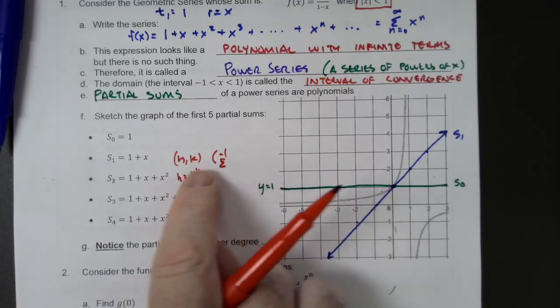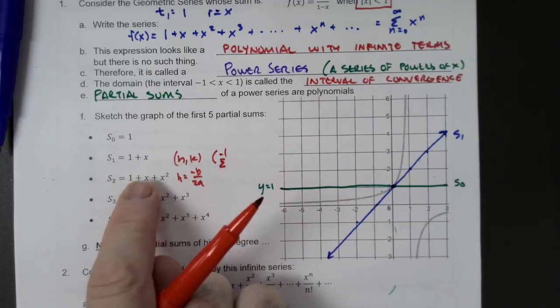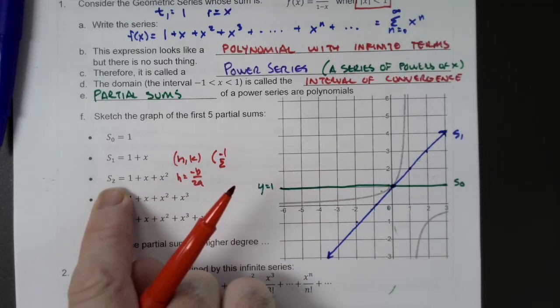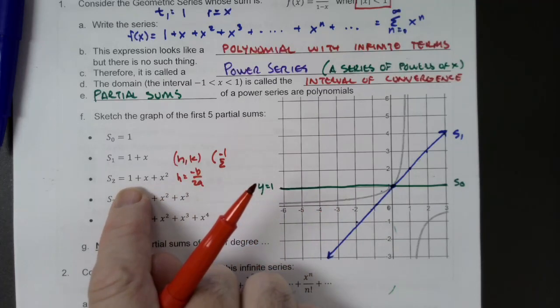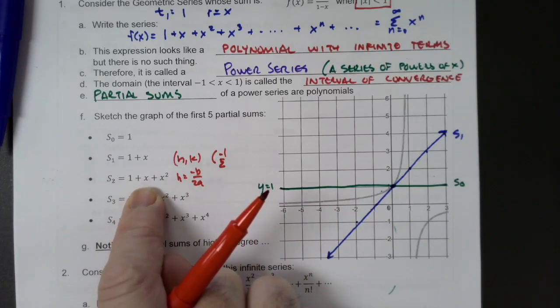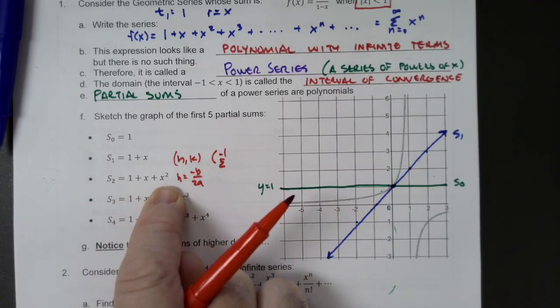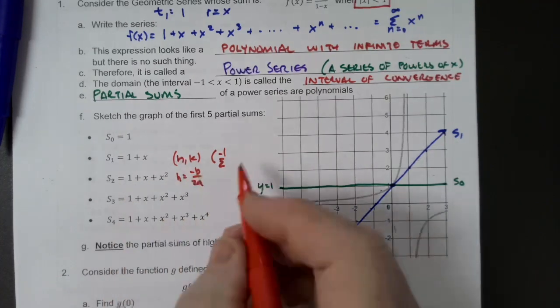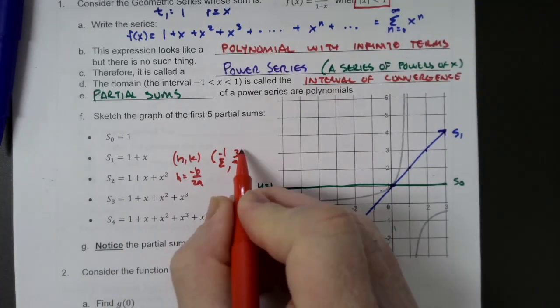And then if we substitute that h value in for x, that'll give us the y value, our k value, which in this case would be 1 minus 1/2, which would be 1/2. Negative 1/2 squared is 1/4. Add that to 1/2, and this would be 3/4.